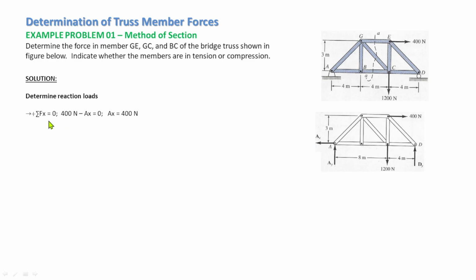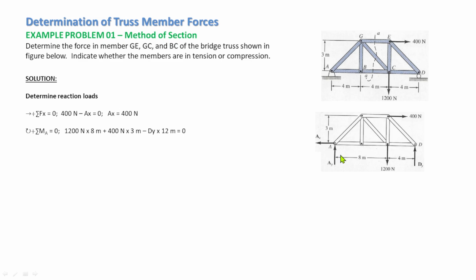So summing up forces along x, we have 400 newtons minus Ax, which is to the left because our assumption is positive to the right, equal to 0. So Ax is equal to 400 newtons.